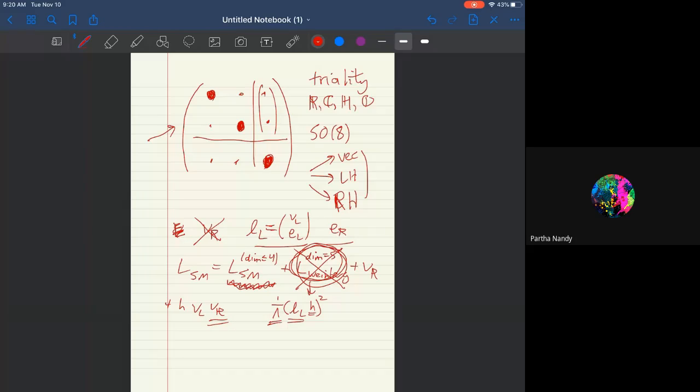There's the Coleman-Mandula theorem, which says it's hard to mix the internal and space-time symmetries without screwing up the S matrix of the theory in an ordinary quantum field theory. But who knows? No-go theorems are made to be broken. It's definitely possible that they get mixed up at those scales.